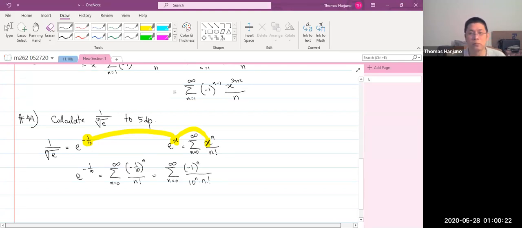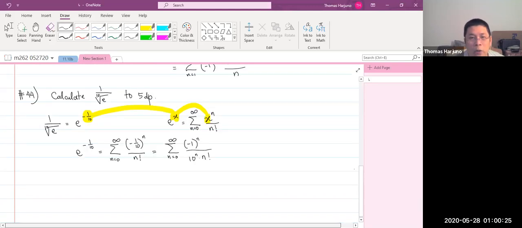Now you want your error to be less than 10 to the negative 5. Okay, but we also know that the error will be less than the next positive term, d_n. In this case it is 1 over 10 to the n times n factorial. Now set this to be less than 10 to the negative 5 and solve for n.